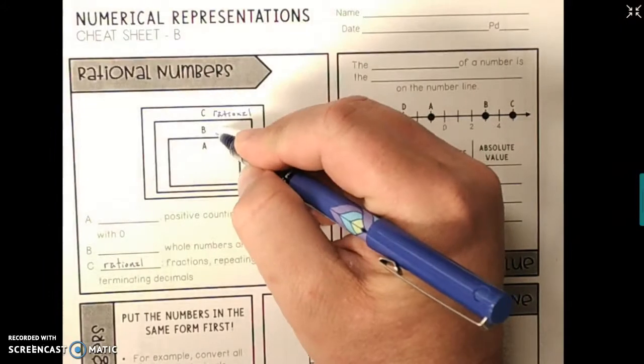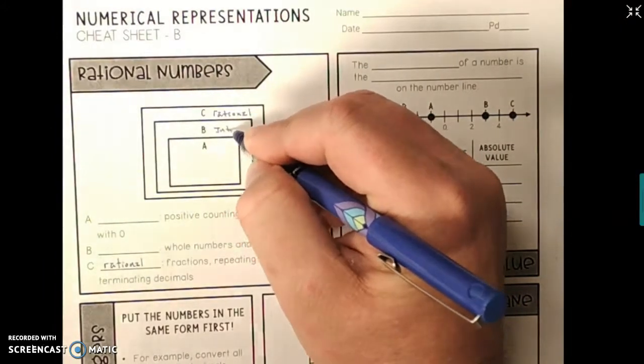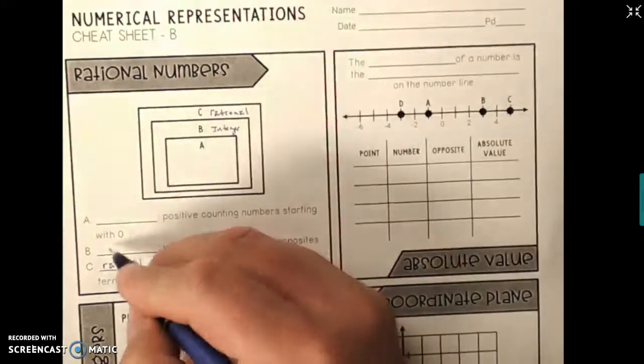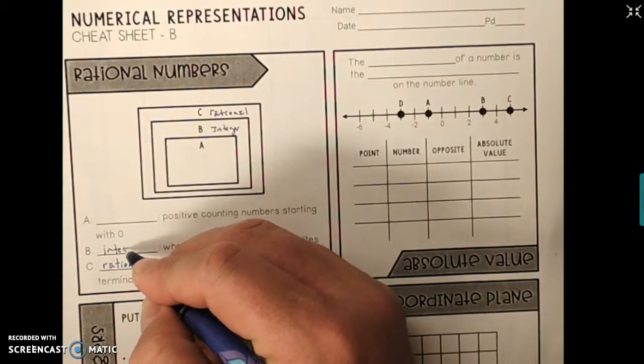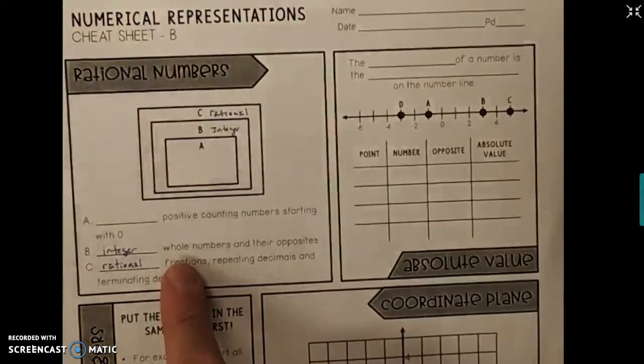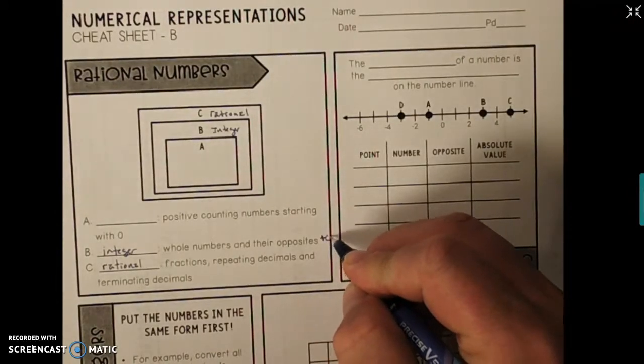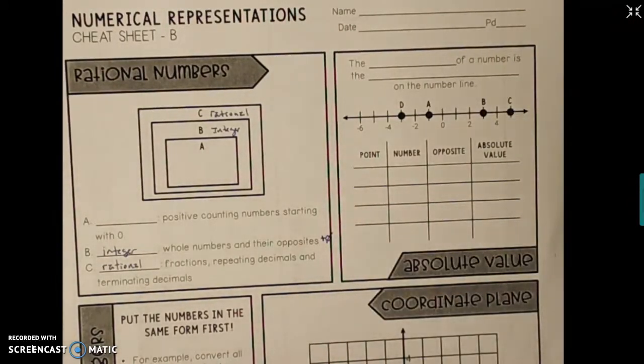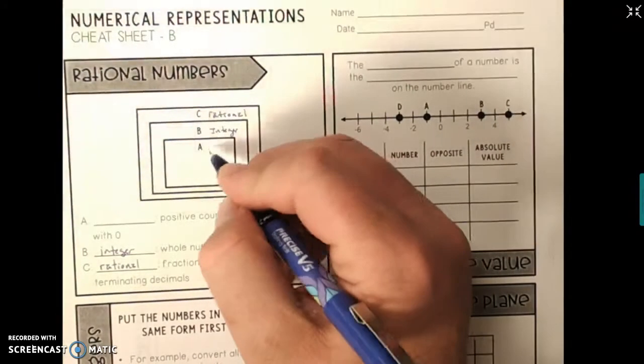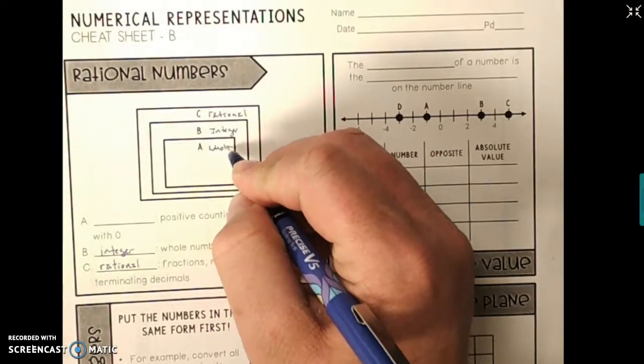Our next category is integer. We define that as all whole numbers and their opposite. It also includes 0. So maybe write that in if you don't remember that. A is going to be our whole numbers.